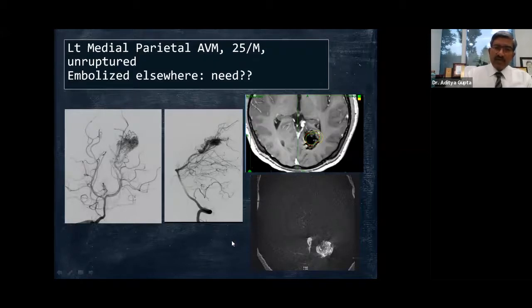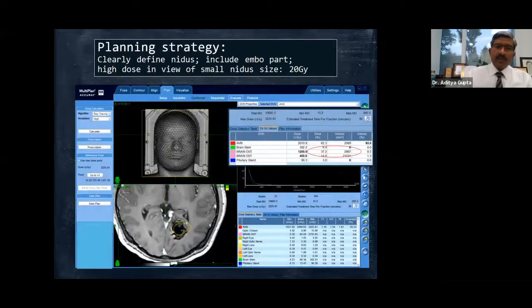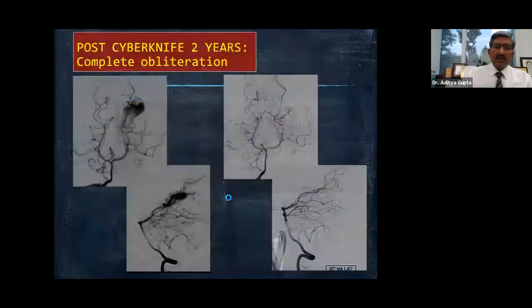And what we really needed to do in this case is to include the entire AVM, including the embolized part, in our contour. And we were able to give a high dose of 20 gray to this AVM, including the embolized part. And this patient did very well.